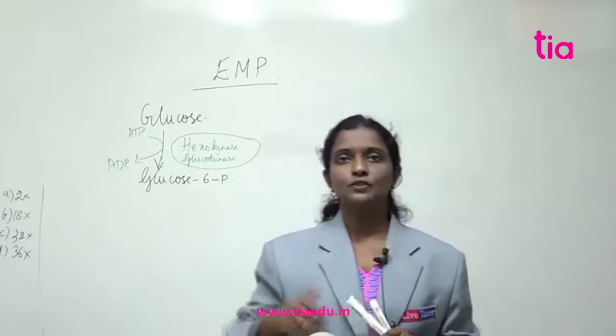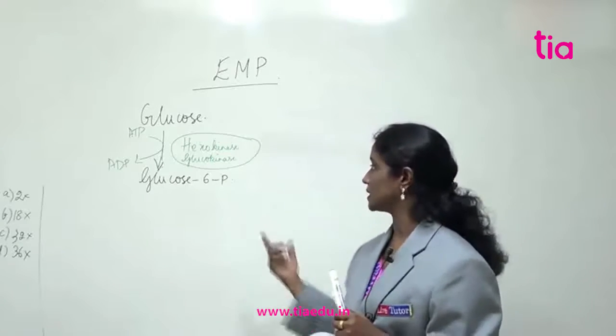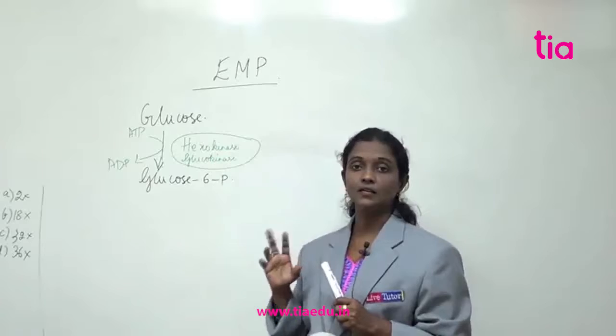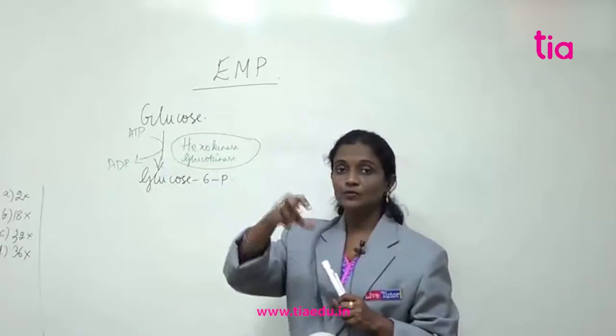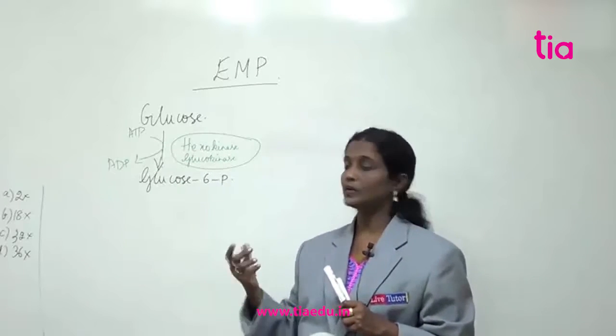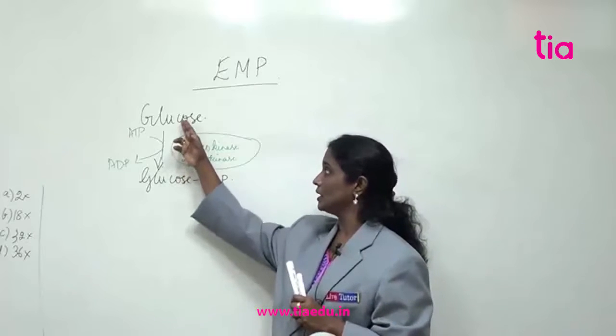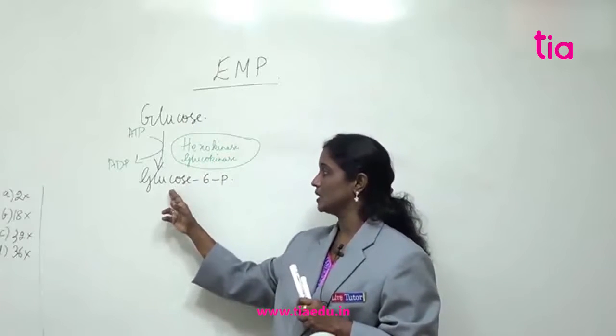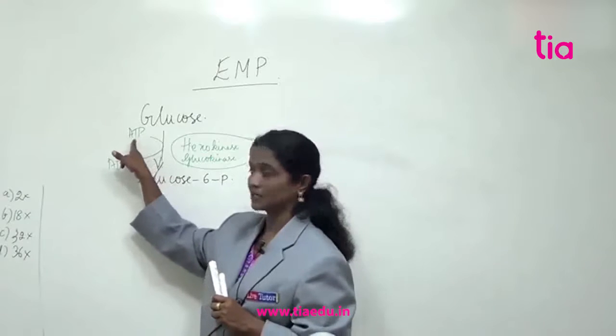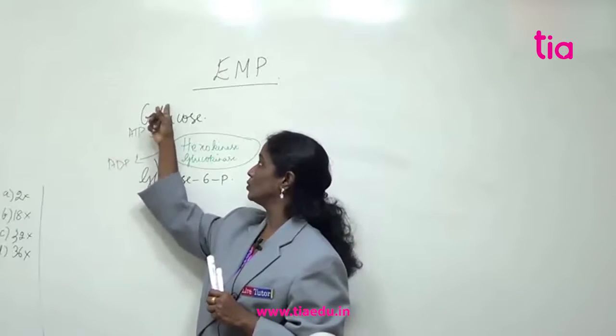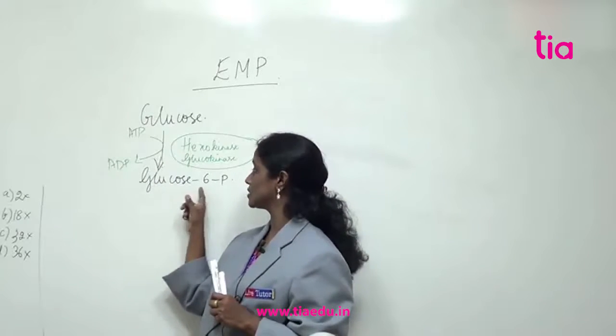Okay, so let us go for the first step. In the first step we said that kinases involve transfer of a phosphorus group to another molecule, to the reactant, so as to get a product. The gamma phosphate present in ATP is donated to glucose, and glucose becomes glucose 6-phosphate.